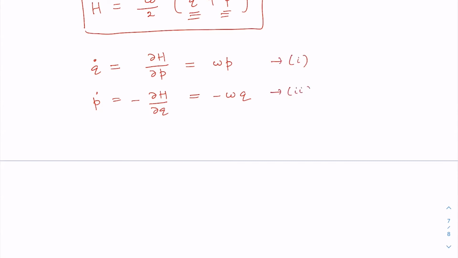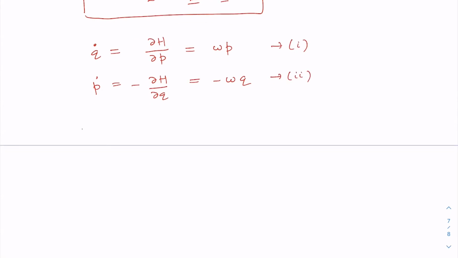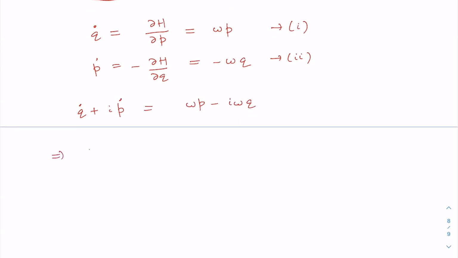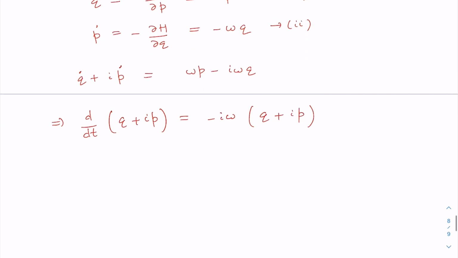But to see whether these are meaningful or not, let us say this is equation 1 and this is equation 2, and if I add equation 1 and i times equation 2, such that Q dot plus i P dot, then this would be omega P minus i omega Q. In fact, you can recognize that what I am actually doing is d by dt of Q plus iP, and this I can write as minus i omega times Q plus iP. Now you know that Q plus iP is nothing but alpha, so I have d alpha dt equal to minus i omega alpha of t.